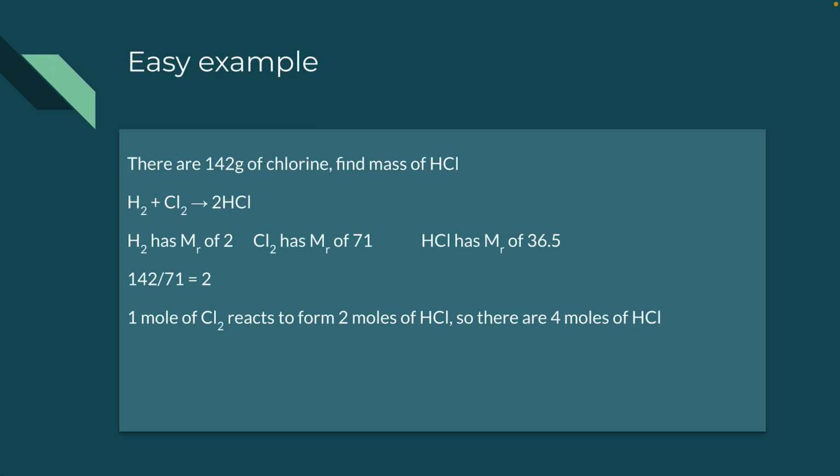You can see that 1 mole of chlorine makes 2 moles of HCl, so 2 moles of chlorine would make 4 moles, because you're timesing it by 2. So 36.5 times 4, using that formula, is 146, which would be the mass of your hydrochloric acid.